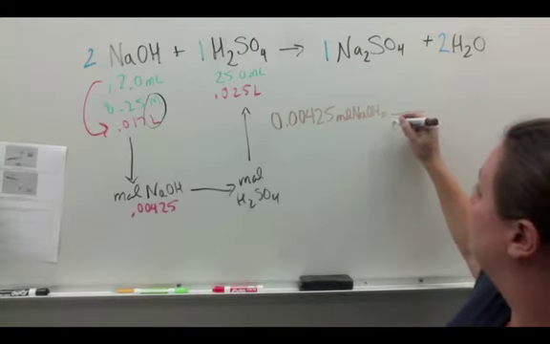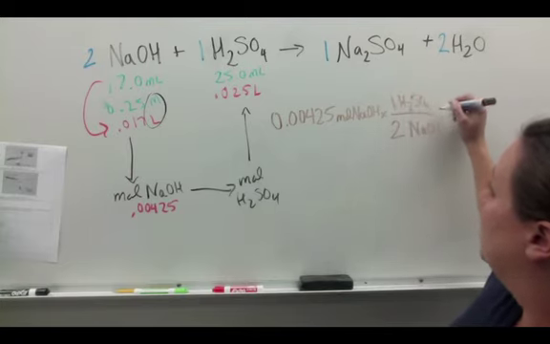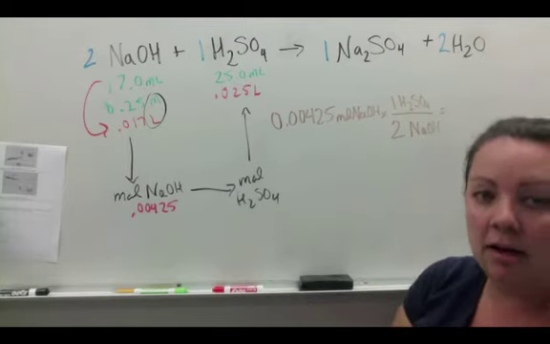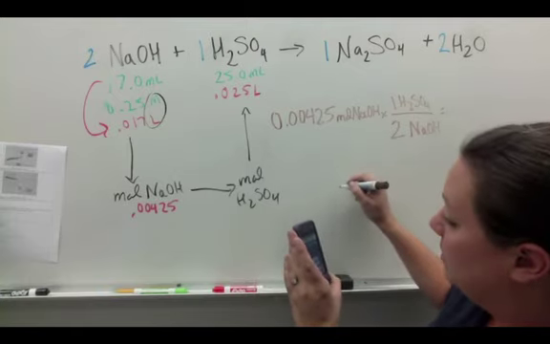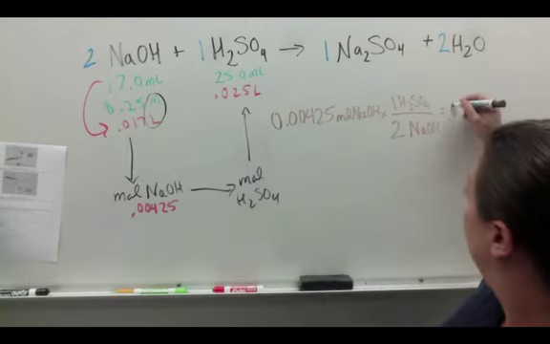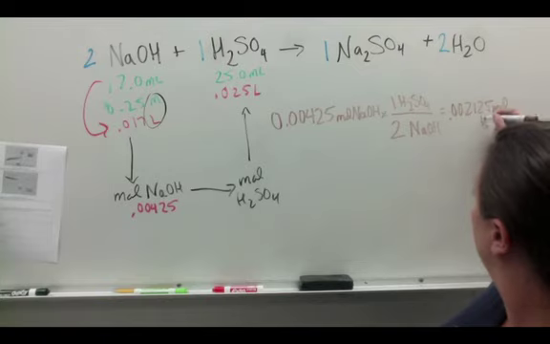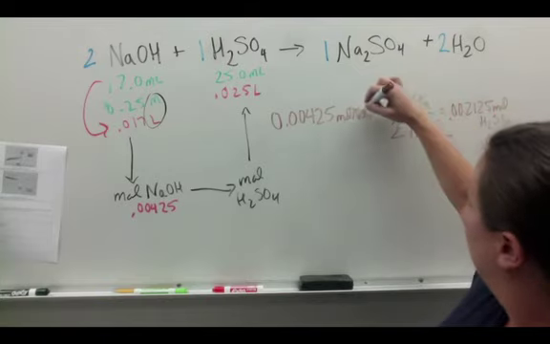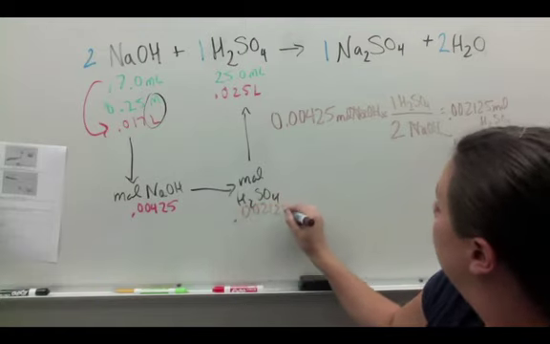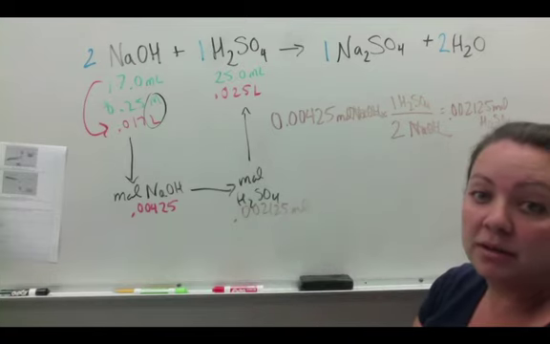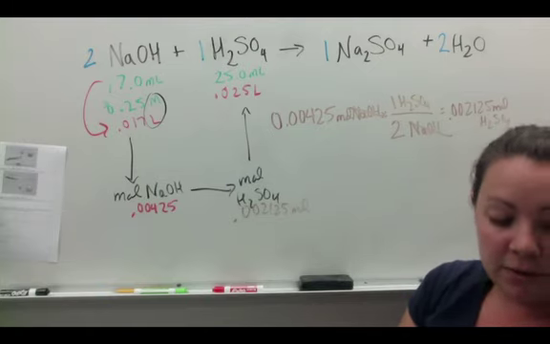I want to get rid of NaOHs. 2 NaOH goes on the bottom, 1 H2SO4 goes on the top, and so I just divide by 2, and I get 0.002125. And that is in moles of H2SO4 because my NaOH canceled. So we're going to plug that in here. 0.002125 moles of H2SO4.